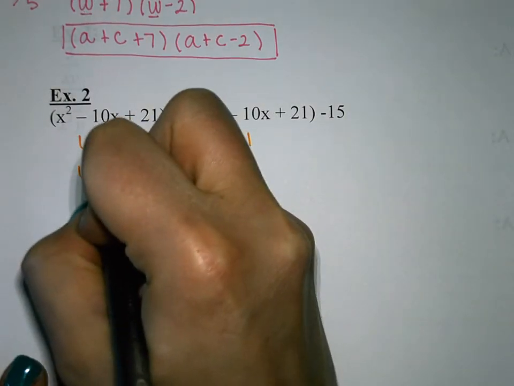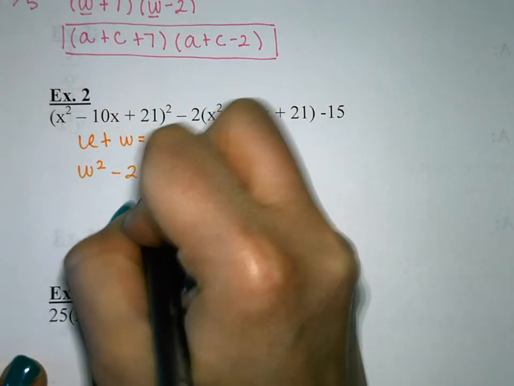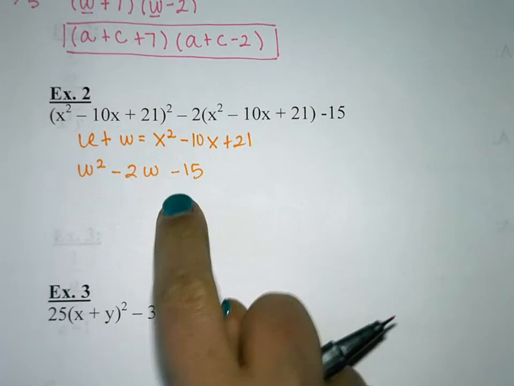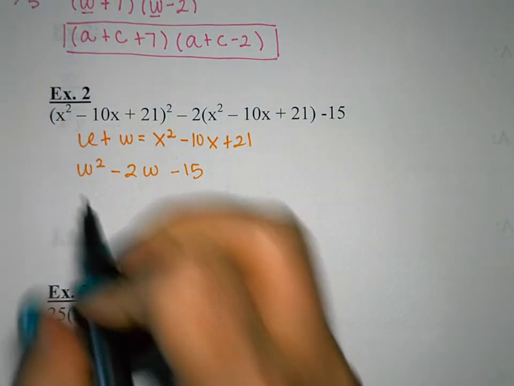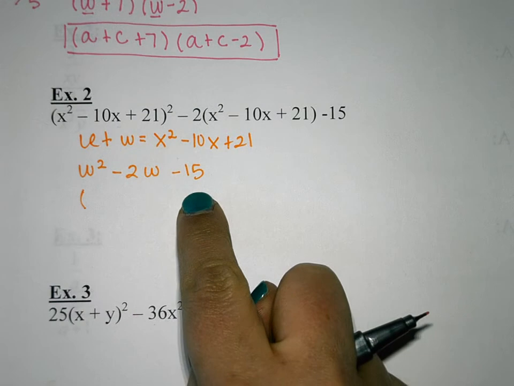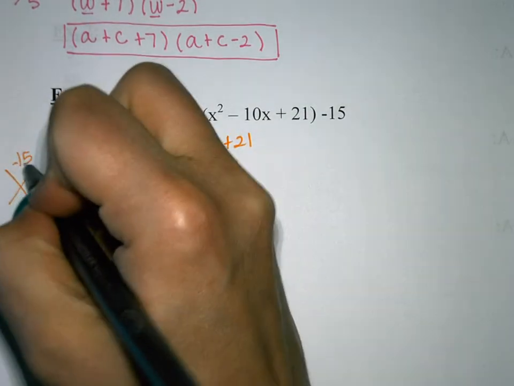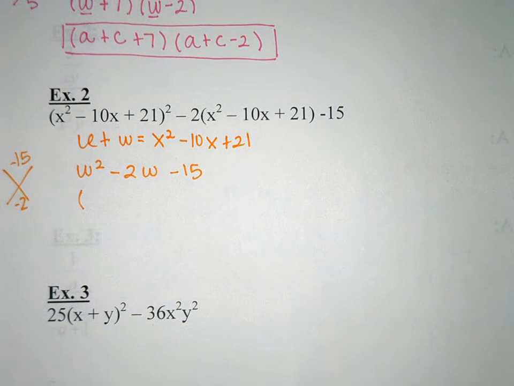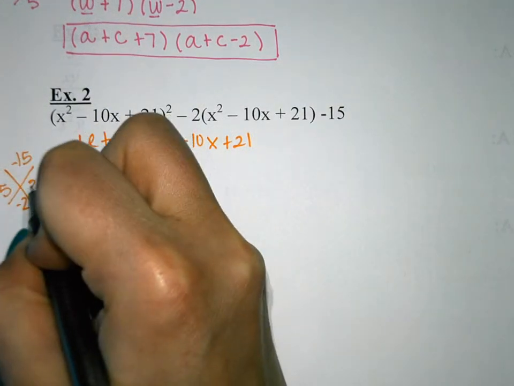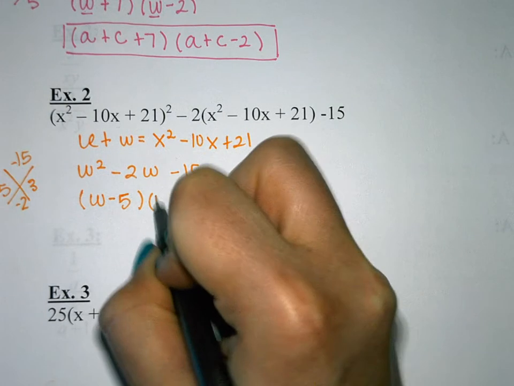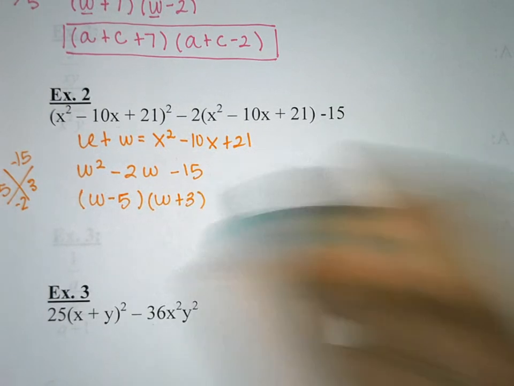So that's going to be w squared minus 2w minus 15, and we're going to use the diamond method on that. The two numbers that multiply to negative 15 and add up to negative 2 are going to be negative 5 and positive 3. So that's going to be (w - 5) times (w + 3).